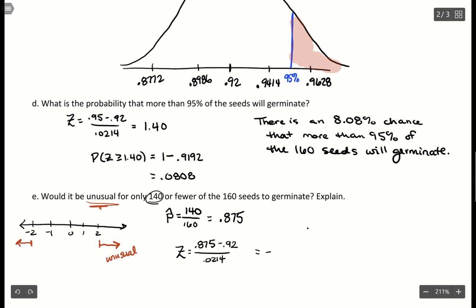That'll give a z-score of negative 2.1028, which is landing out in that range that's considered unusual. So that would be an unusual result because it's very unlikely. So that's our sampling distribution of proportions. It's basically when we want to talk about percentages of a sample size.